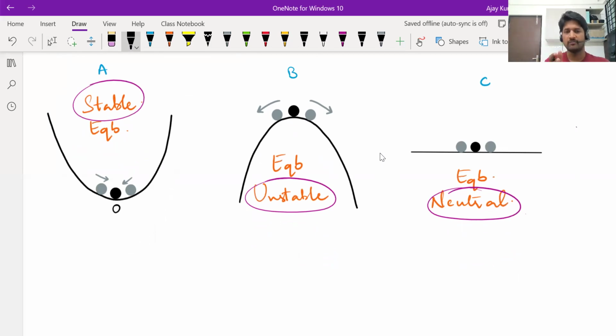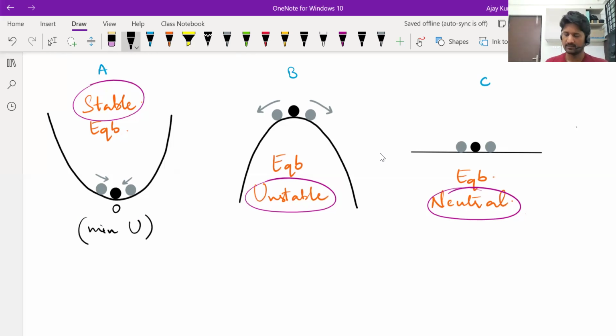That means at the equilibrium position, the object had minimum potential energy. Away from equilibrium, its potential energy is increasing. At equilibrium, it has the least potential energy. We are talking about gravitational potential energy here. If height increases, that increases.